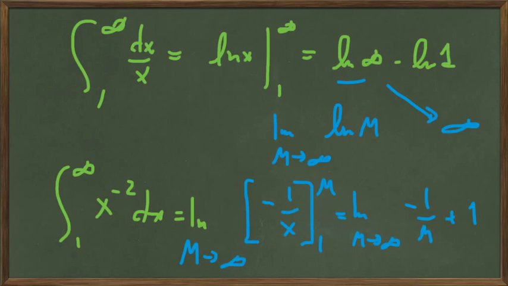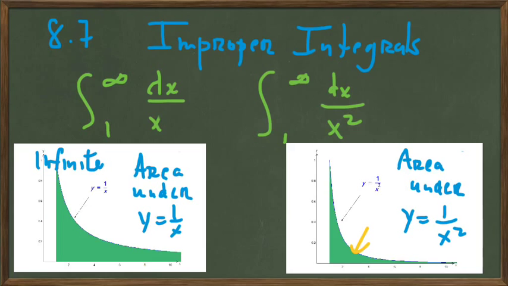But as m goes to infinity, this fraction just goes to 0, and so we get this result of 1, and so this area right here is finite. So we have an infinite region and an infinite area here, and an infinite region and a finite area here. Can we generalize this?